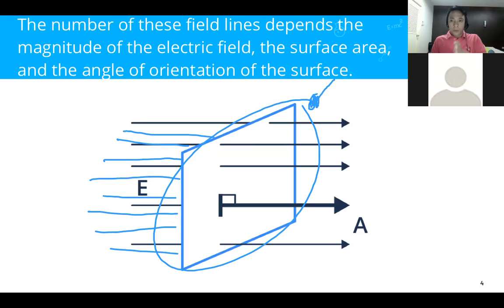Yung straight, which is, okay, ito yung ating, for example, these are the electric fields, okay? Dadaan sa dyan, and these are perpendicular to the surface. That means it will catch a lot of charges or electric field. So kapag perpendicular siya doon sa ating mga electric fields, mas marami siyang makakatch. Right?